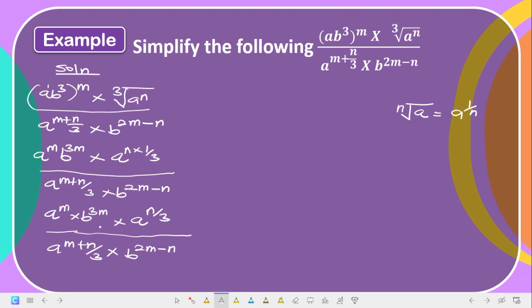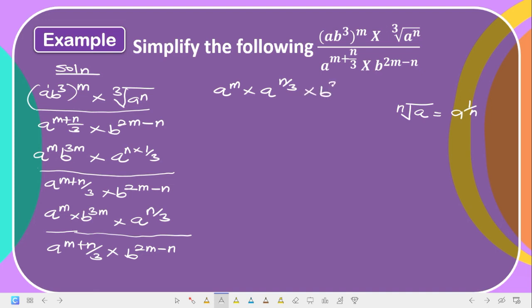According to the law of indices, when the bases are equal, what do you do to the power? You add them. Now, we are going to bring these two things together in such a way that this base and this base come together. So what are we going to have here? a to the power of m times, if this other a comes here, it will become a to the power of n over 3. Is that not so?